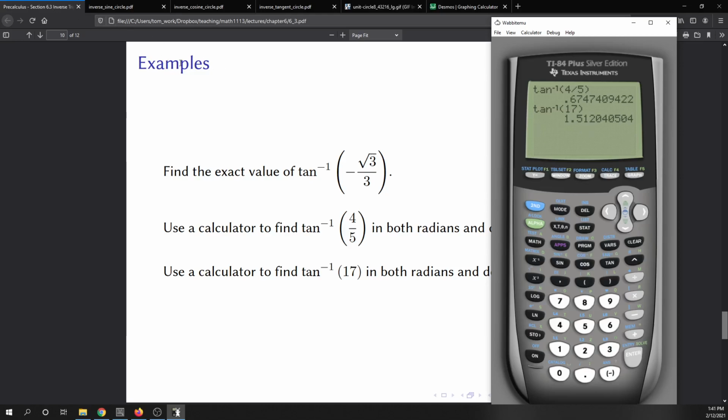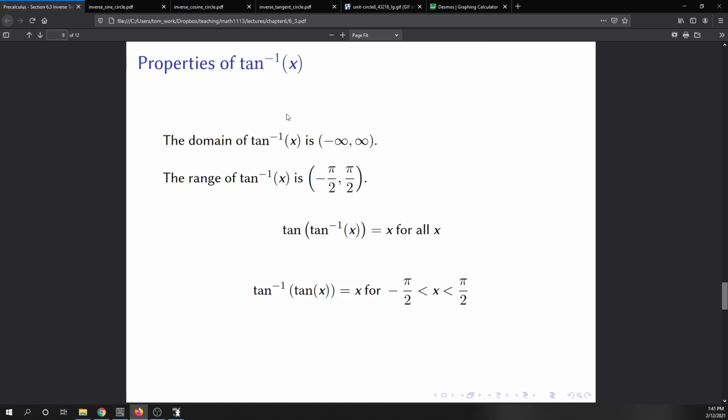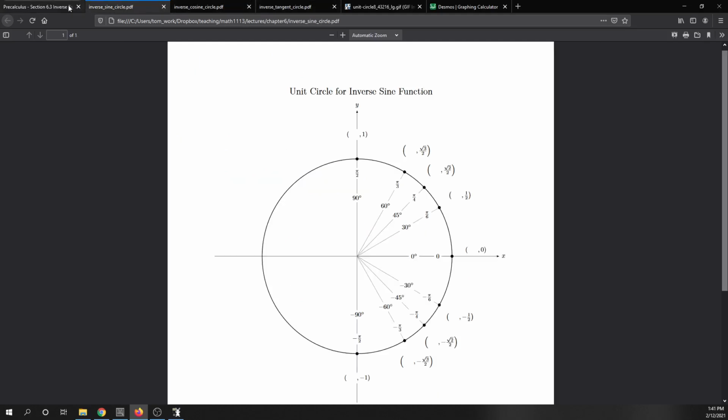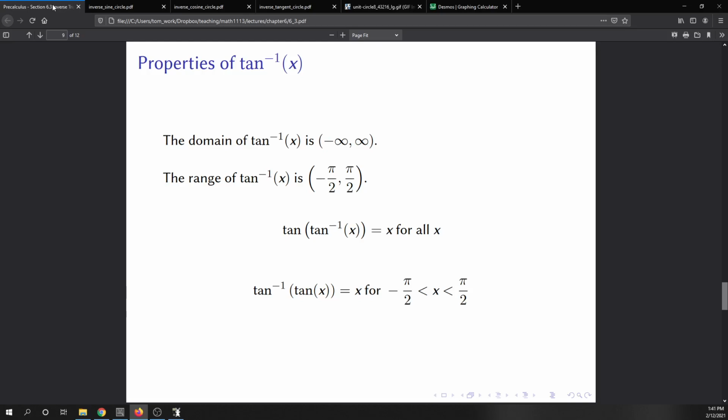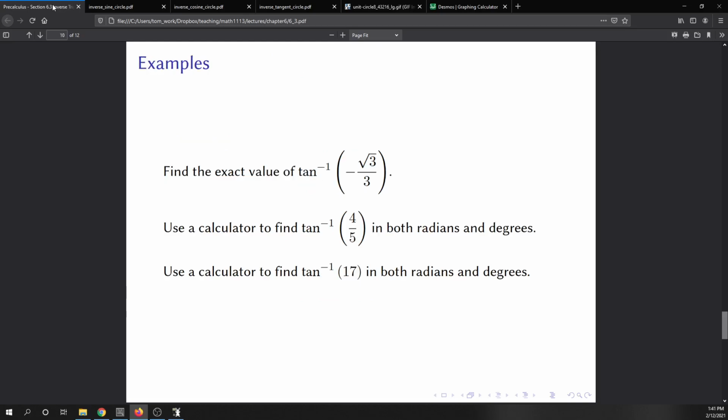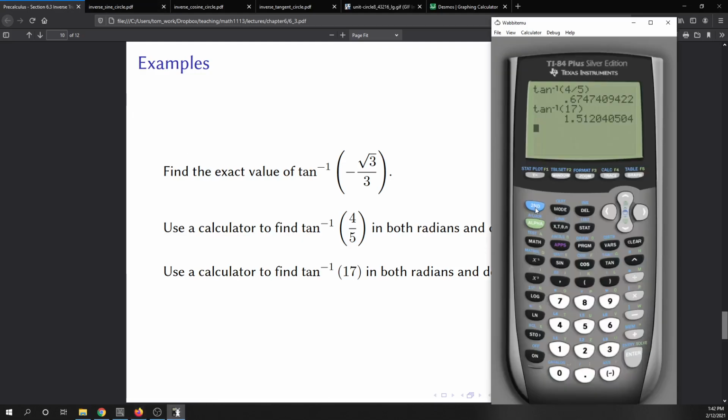And the reason for that is because the domain of tan inverse is from minus infinity to infinity. You can plug in any real number into tan inverse and get a valid real number output. Okay. All right. So now let's do that in degrees and see what we get. So we're going to switch to degree mode.